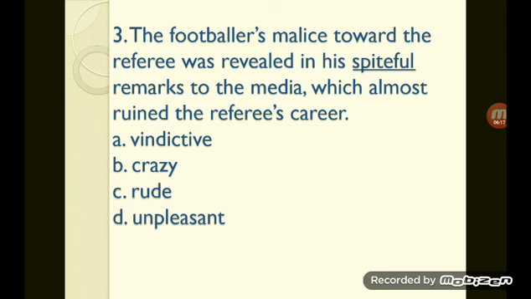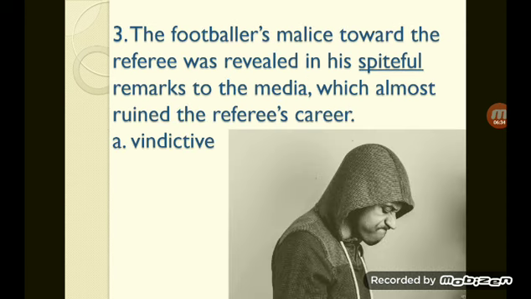Were the remarks crazy, rude, unpleasant? All of these words will fit in, but the best option out of these is vindictive. Vindictive means spiteful.